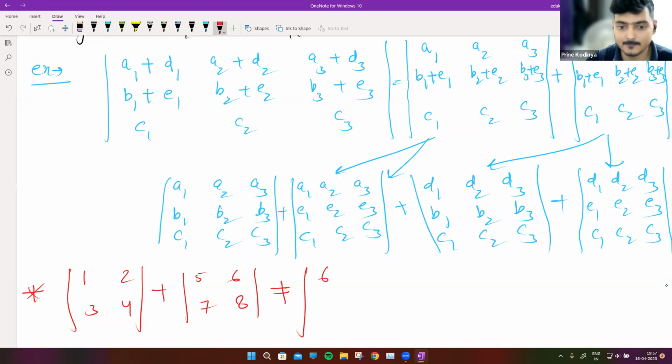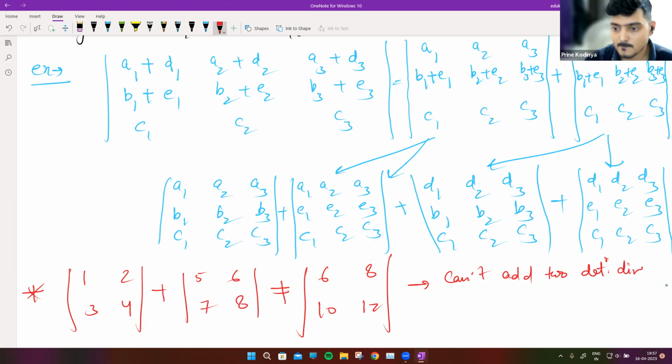Cannot write it directly. Yes, Madhya, we will have to break this till we don't have any row or any column which can be expressed as the sum of two numbers or two elements. We will keep breaking this.